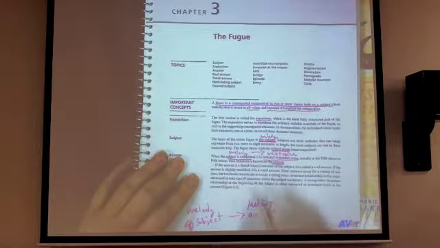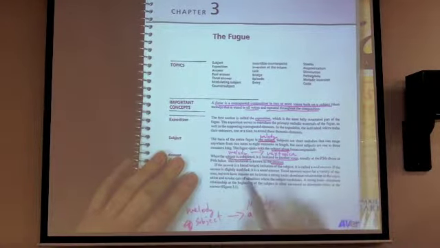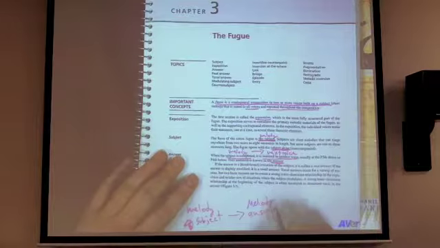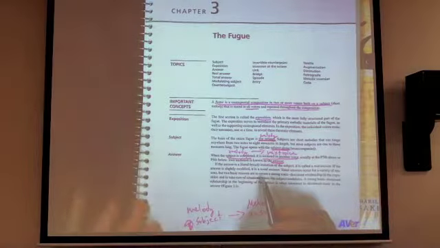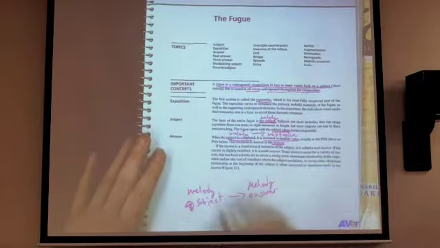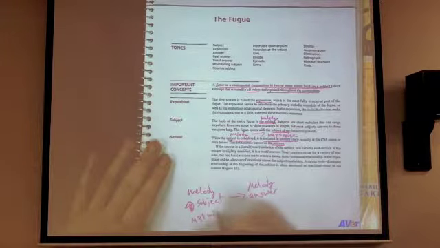All right, so there are 2 ways that you can have an answer, all right? So if the answer is a literal exact imitation, so if it's exactly the same, right? So it's exactly the same intervallically, all right? So the intervals are the same. So if you give somebody a major third up, minor second down, perfect fourth up, right?